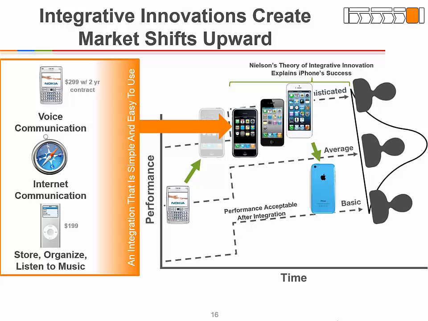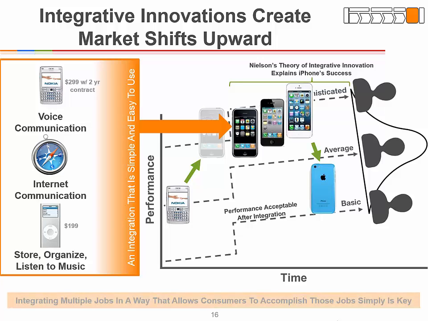But by building the iPhone, Apple integrated all of this value into one device, created an additive effect on the market, and made it possible for many people to even afford such a high performance product. So integrating multiple jobs in a way that allows consumers to accomplish those jobs simply is the key.